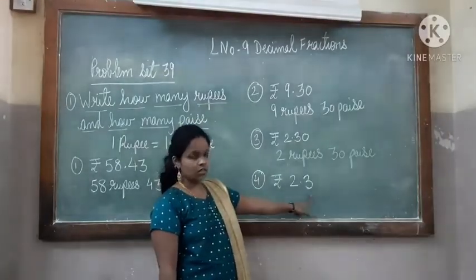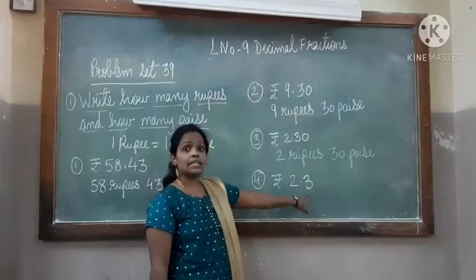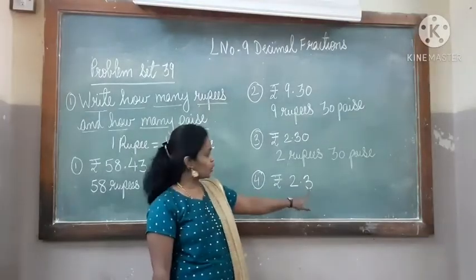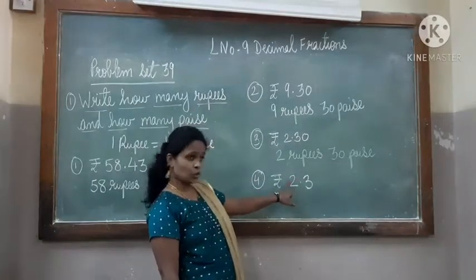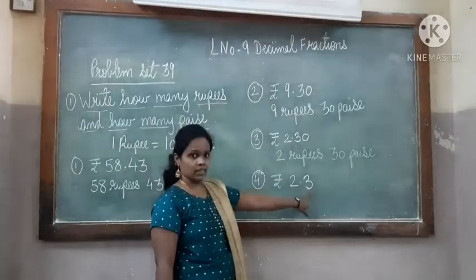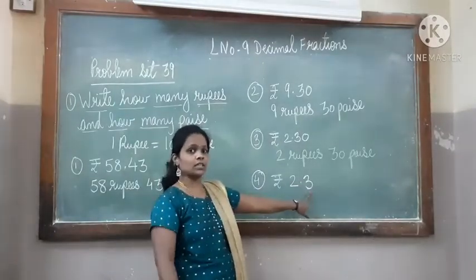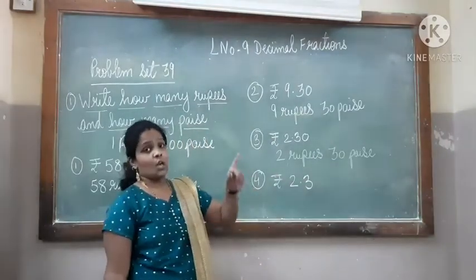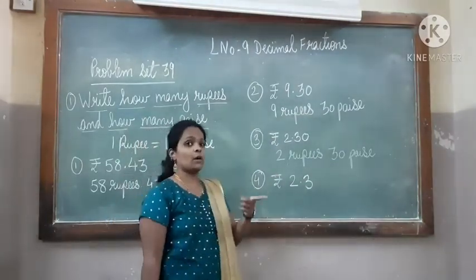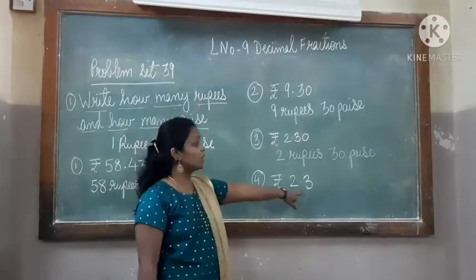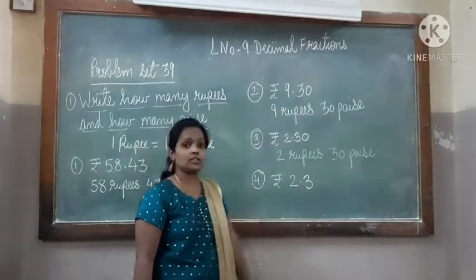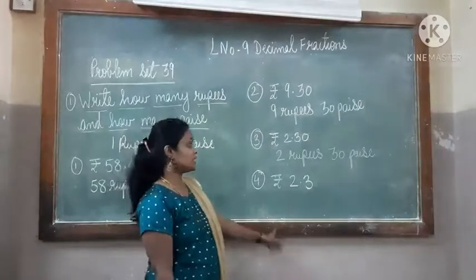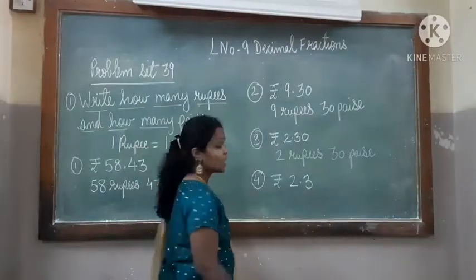Why? Because 3 is in the 10th place. You know now, this is unit and this is 10th, which we have learned before this exercise. When you were finding the place value, that time you learned about the place names also. So here you can easily come to know that 3 is in the 10th place. So when it is in the 10th place, it will come 30.